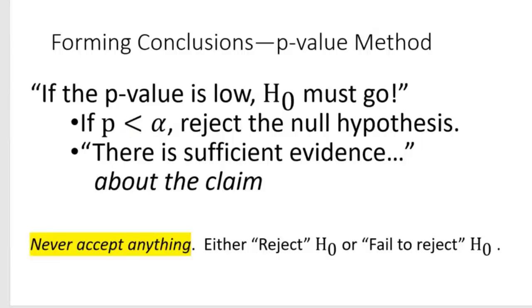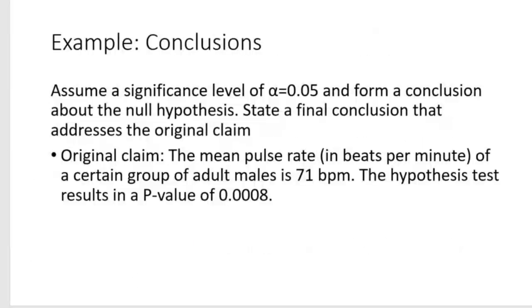So let's look at how a p-value conclusion gets formed. We have an alpha of 0.05, and we need to form our conclusion. We're not worried about how to get this number yet. That's going to come in a later section. But what we see is that they've done a test, and the p-value was 0.0008. Now, we can't really reject the null or fail to reject the null unless we identify what it is.